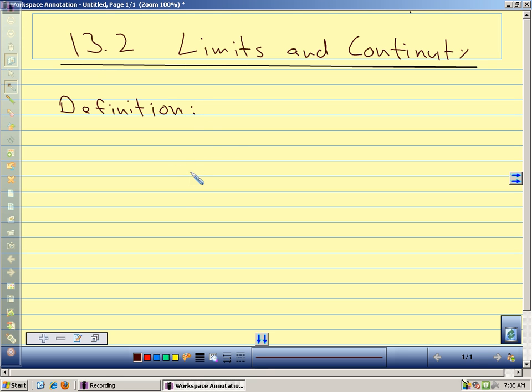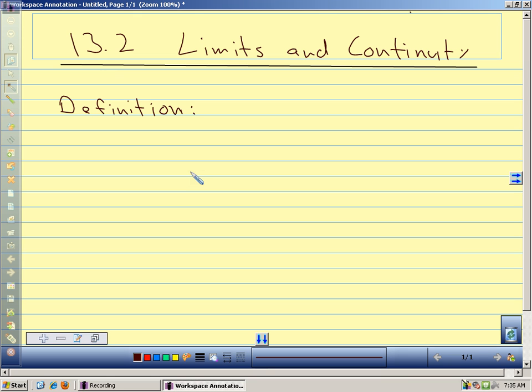Epsilon-delta is the definition of a limit. That's really the crux of calculus, is what is a limit. That's what calculus hinges on, this idea of a limit. And the epsilon-delta definition gives us a formal analytic way to define what we mean by close together, essentially.